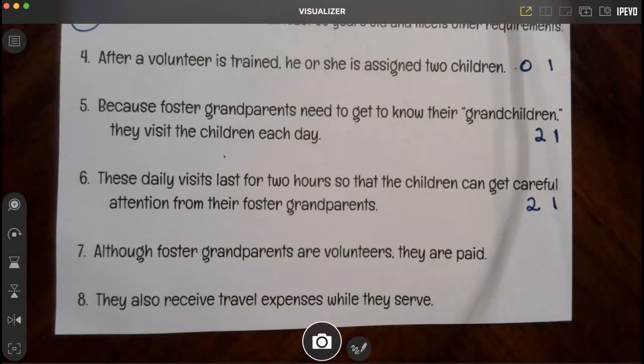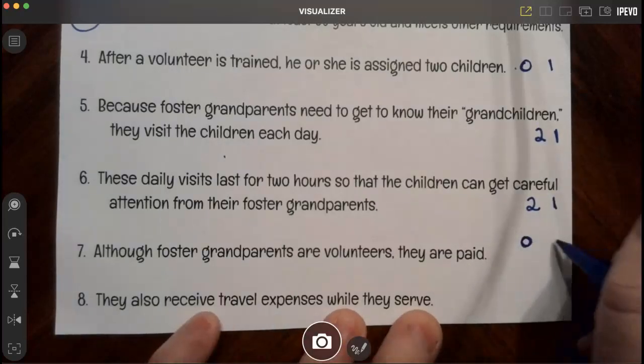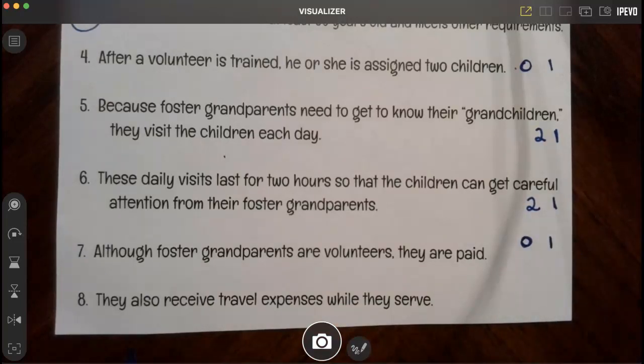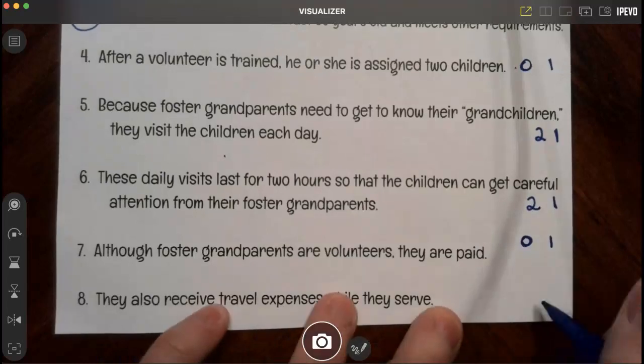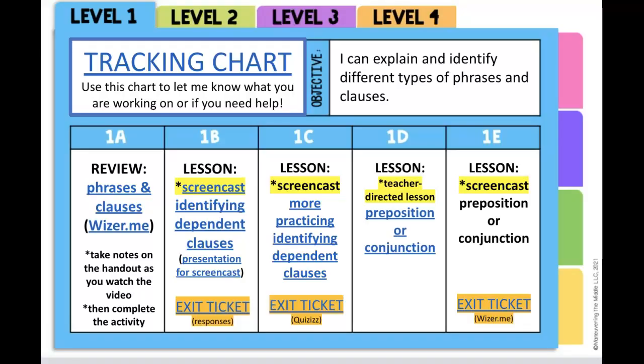Although foster grandparents are volunteers, they are paid. No phrases, one clause. And the last one: they also receive special travel expenses while they serve. No phrases, one clause.